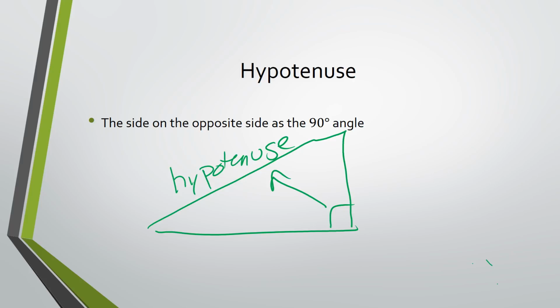It's also going to be the longest side, which is why in the Pythagorean theorem, a squared plus b squared equals c squared, the c squared is always the hypotenuse because it's the longest. Alright, so it's always going to be the side opposite of the 90 degrees.